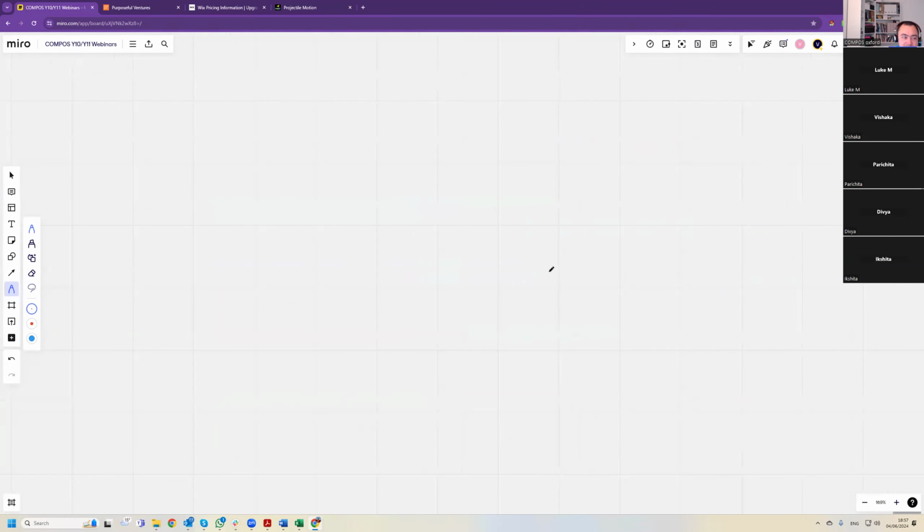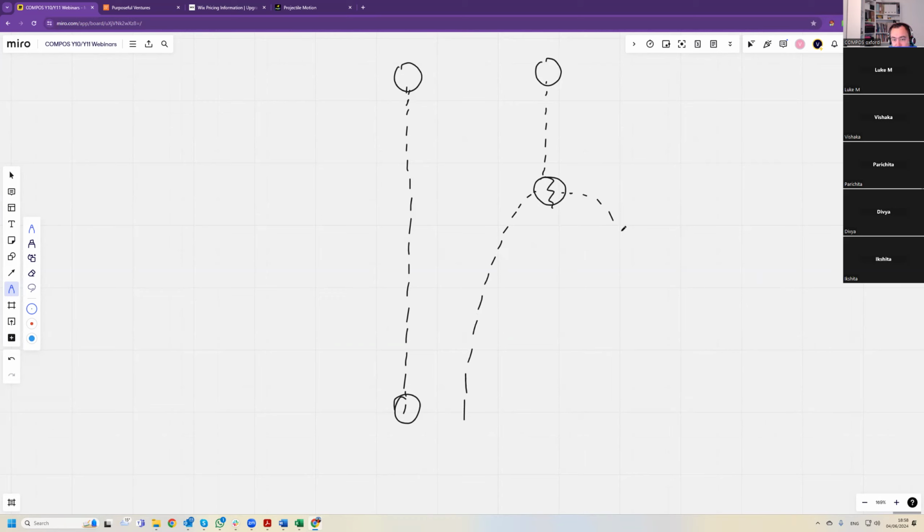So, I mean, it's easy, right? If you have a ball falling, it will fall just down like this. But let's say if the ball breaks into two pieces, and one piece travels like this, and the other piece travels like this, the center of mass would be here.